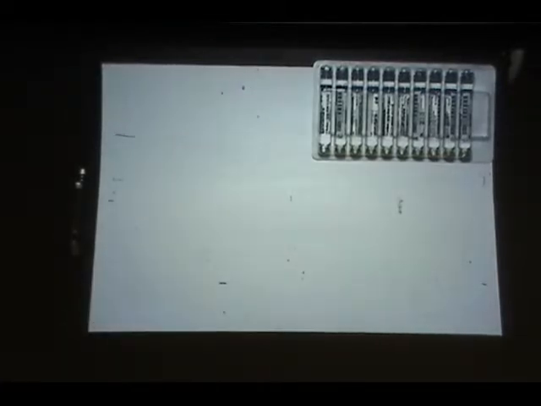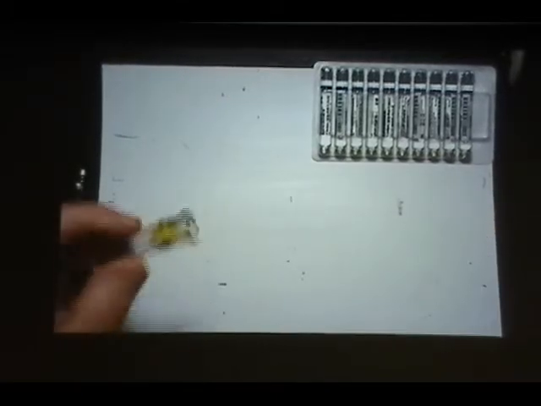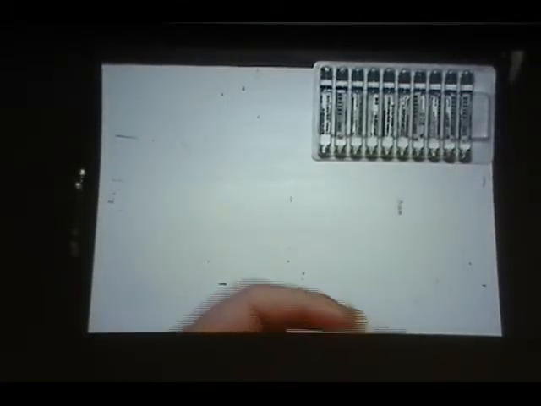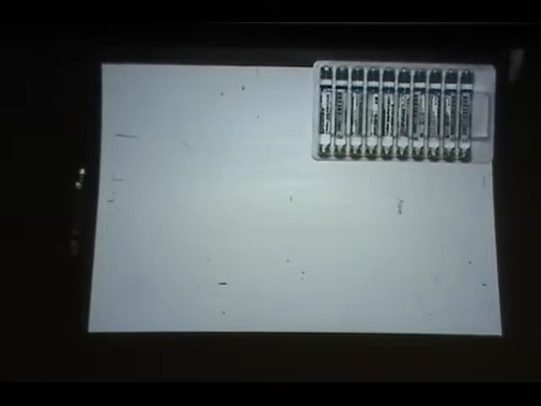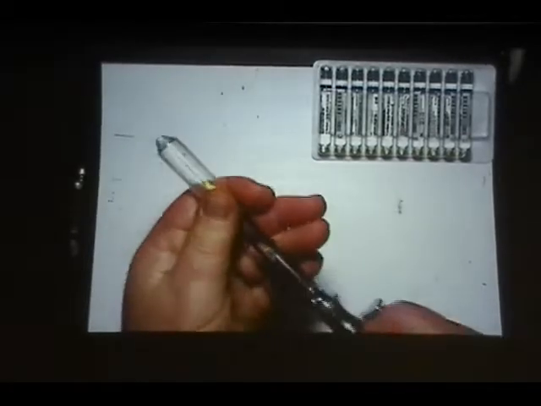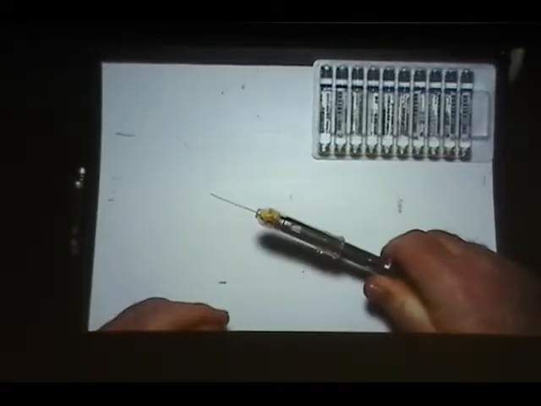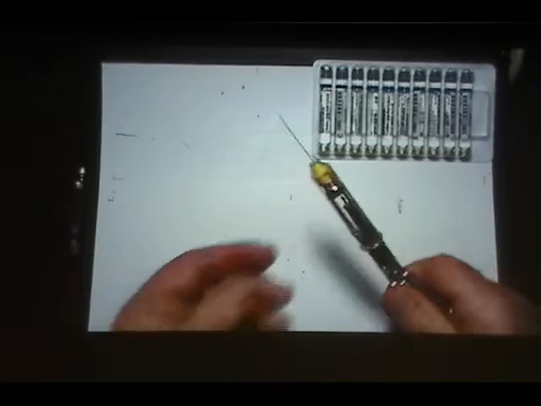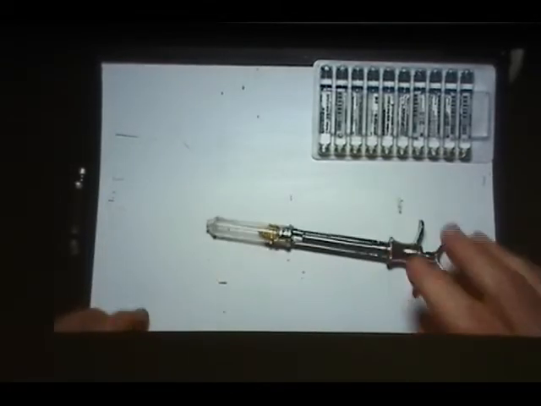So it is enclosed in here, and you don't have to touch the needle when you pull off the cap. You just put your anesthetic carpule in here, and you screw this off, and then this should come straight down like that. Okay? So when you are not using the syringe, you can put the shield back up.